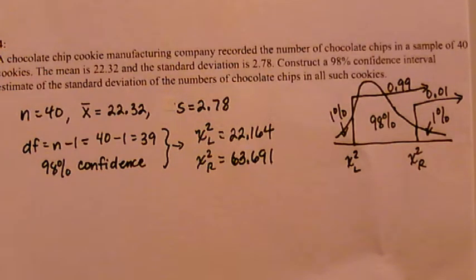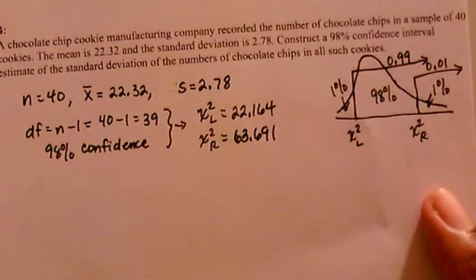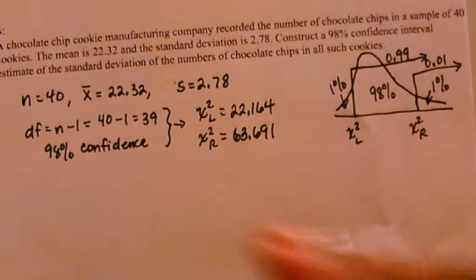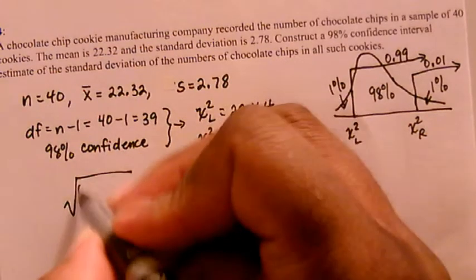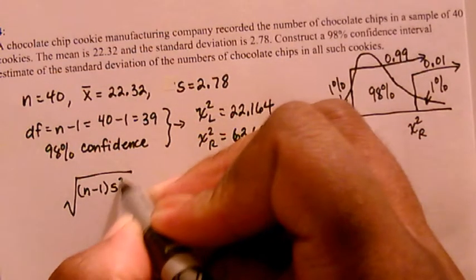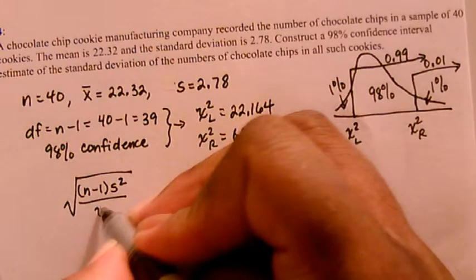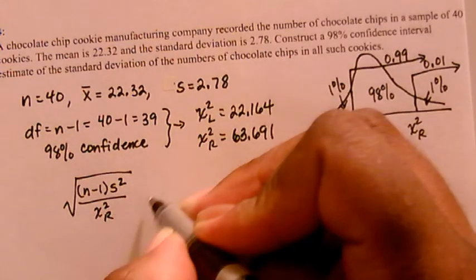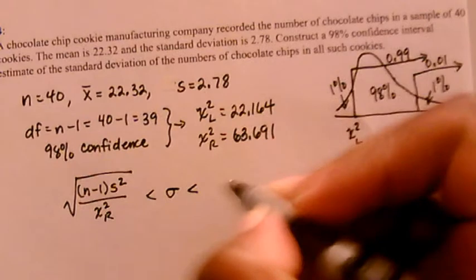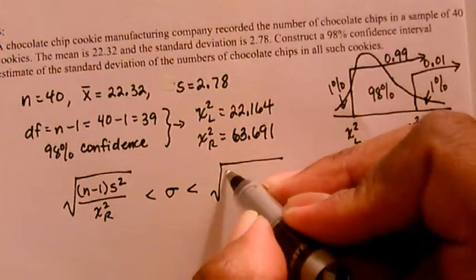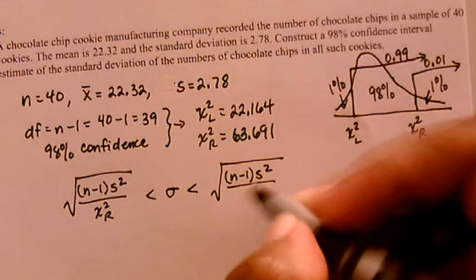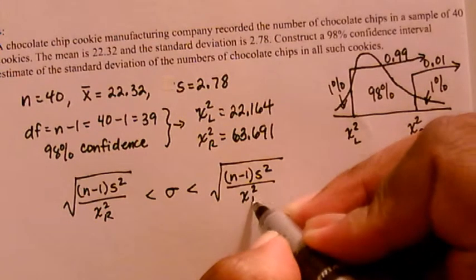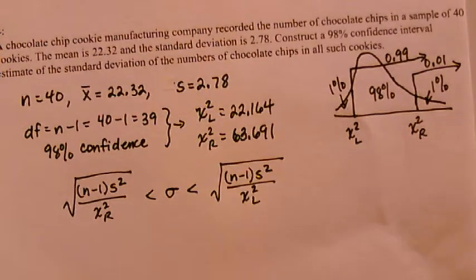Now we can construct our confidence interval estimate for a population standard deviation using the square root of n minus 1 times s squared, all over the chi-square value on the right, that's less than sigma, and less than the square root of n minus 1 times s squared divided by the chi-square value on the left.